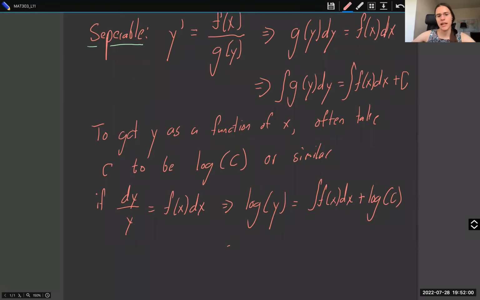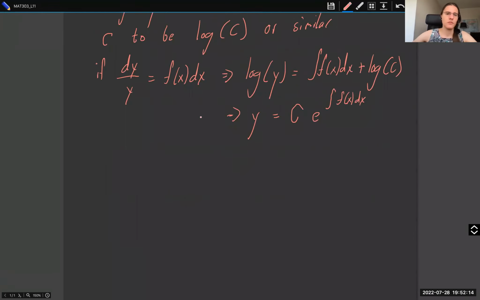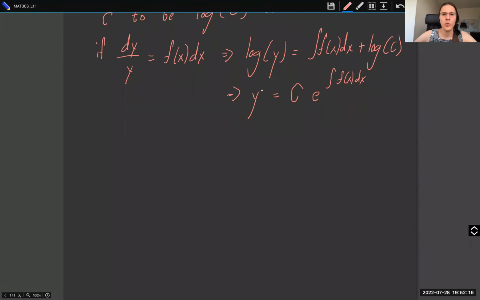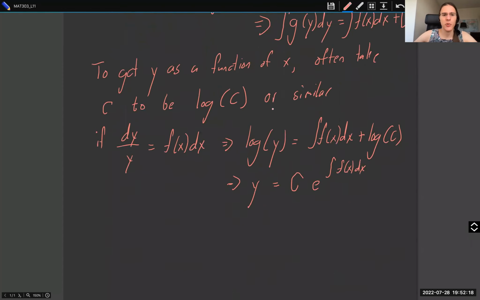And what that's going to tell you is that y is equal to c times e to the integral of f of x dx. Cool. So that's separable equations.